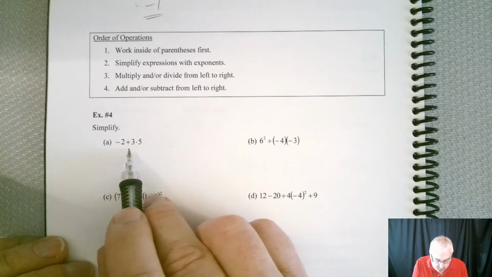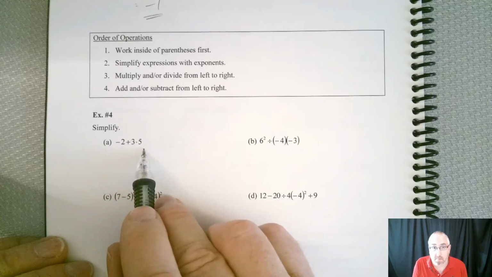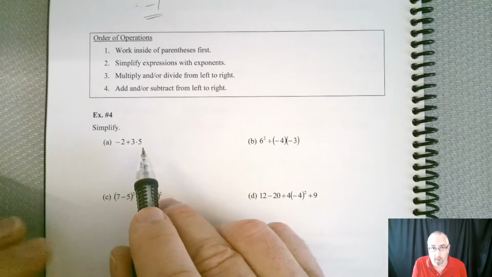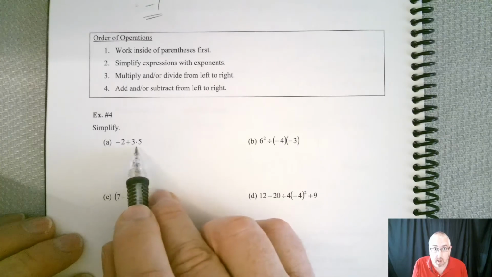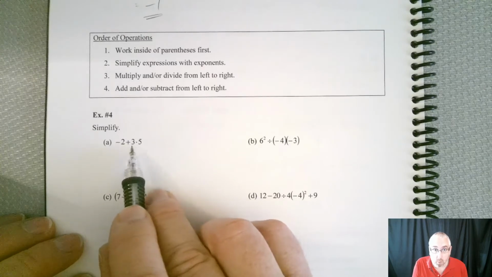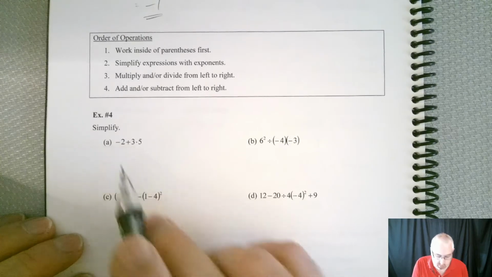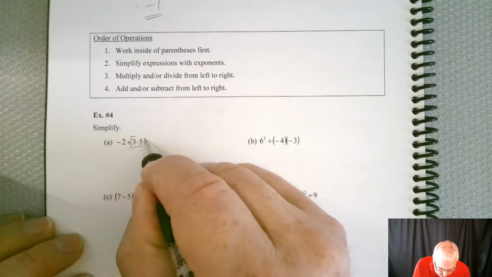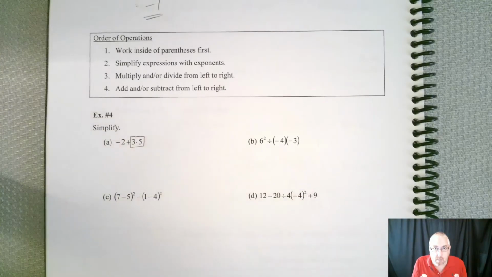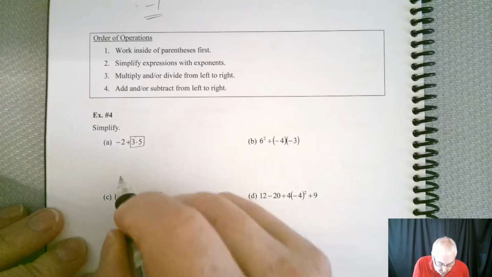So we got -2 plus 3 times 5. This is a nice one to warm up with. You only have 2 operations in this one. Multiplication comes before addition, so we have to do this multiplication first. I like to put a little square around it just to show that that's what I'm focusing on first, but whatever you want to do is fine.